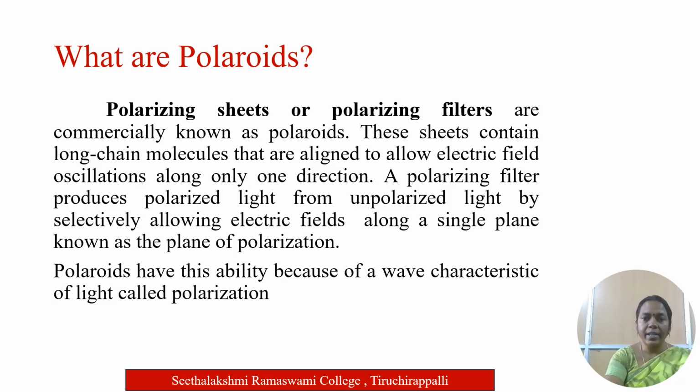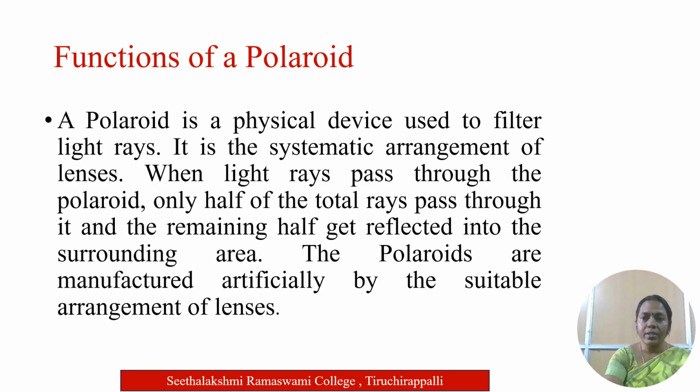These sheets contain long chain molecules that are aligned to allow electric field oscillations along only one direction. So a polarizing filter produces polarized light from unpolarized light by selectively allowing electric fields along a single plane. That plane is called the plane of polarization. Polaroids have this ability because of using the wave characteristics of light, not the particle nature.